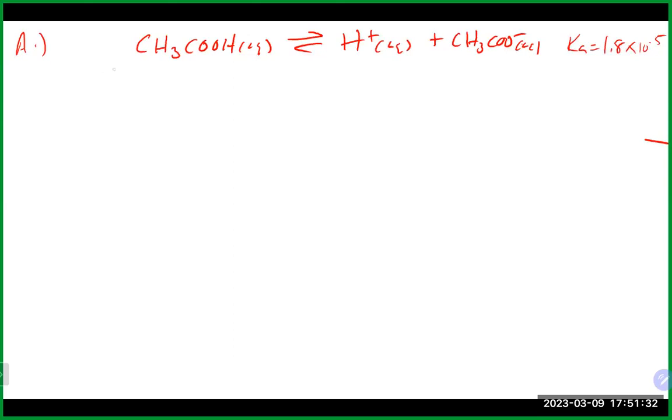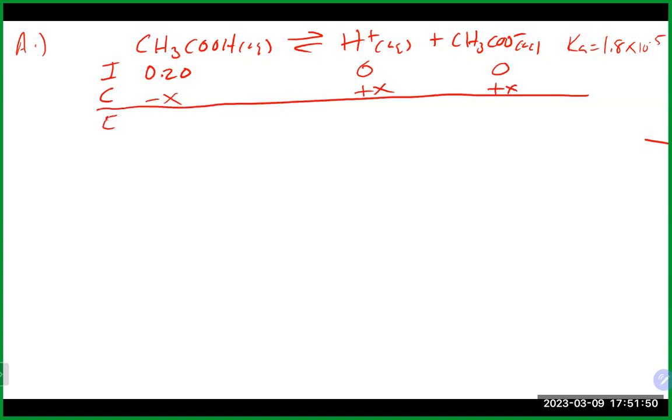In this case, we had an initial concentration of 0.2 molar. Once again, that's all we're given, so safe to assume zeros there for our starting. Our change here will be minus X, plus X, and plus X. That means when we are all said and done here, we will have 0.2 minus X, X, and X.